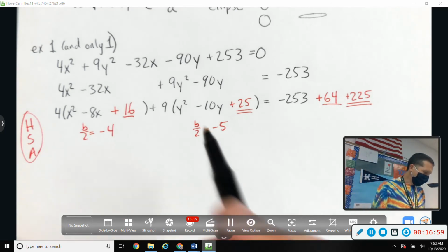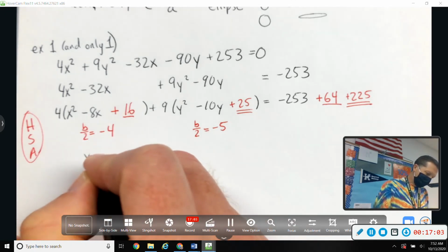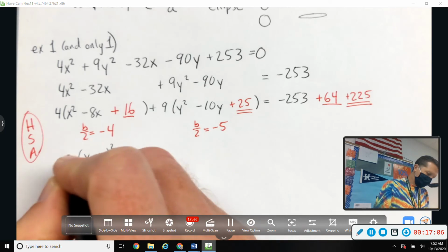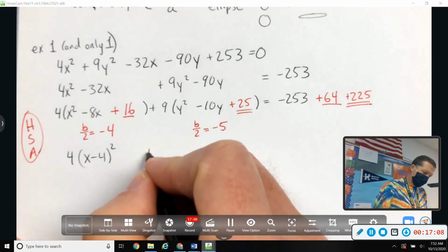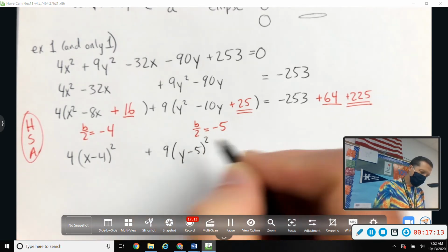All right, so let's clean up on the left here. So that inside is x minus 4 squared, 4 out front. For the y stuff, it's y minus 5 squared, the 9 is still out front.